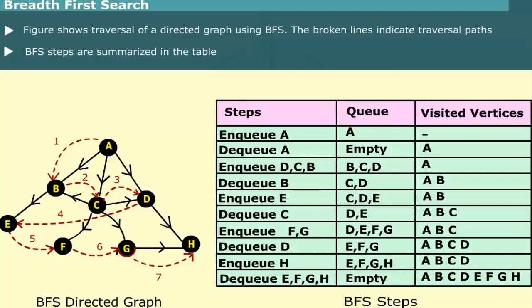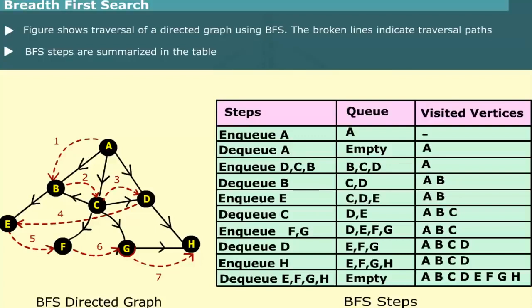Briefly, the steps are as follows. A is enqueued and dequeued. A's neighbors D, C, B are enqueued. B is dequeued and processed. B's only neighbor E is enqueued. C is dequeued and processed.